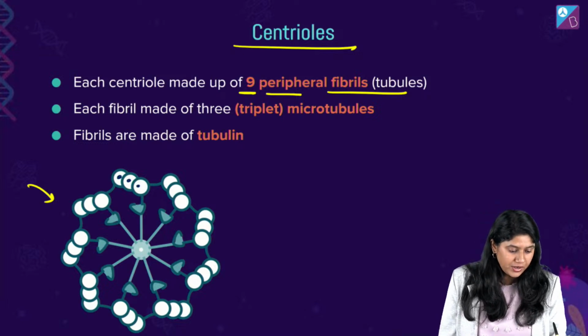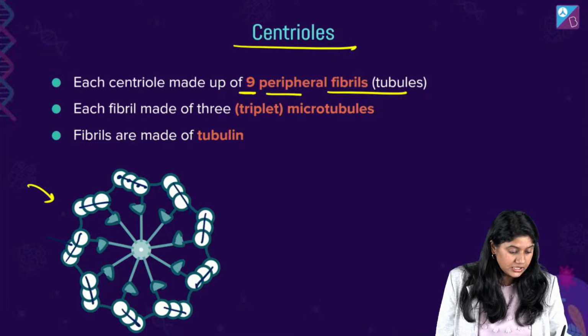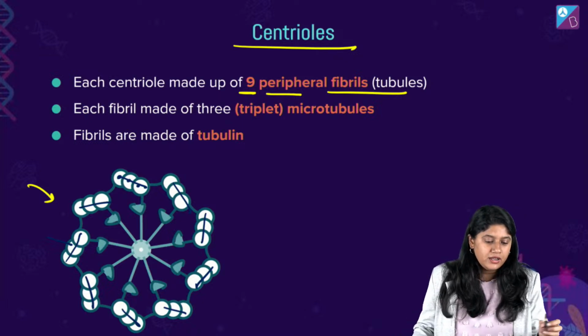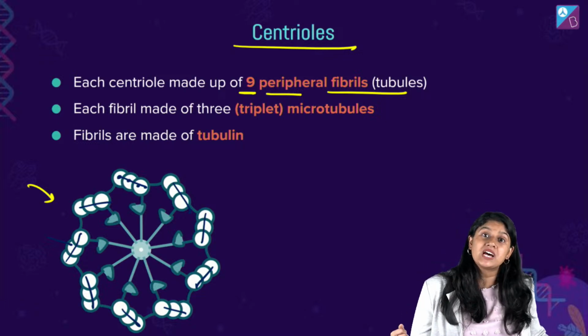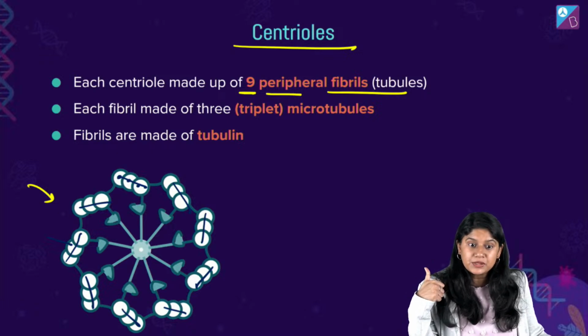Clear, everyone? 1, 2, 3, 4, 5, 6, 7, 8, 9. These 9 small circles we have over here are actually made up of the tubulin protein, which is a microtubule. Everyone, are we clear with this?